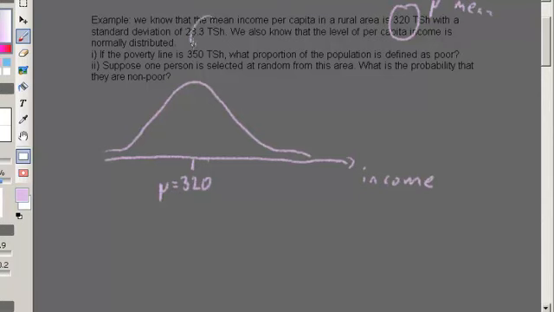And this number here is the standard deviation, and that's telling us about the spread, which means the spread from side to side.